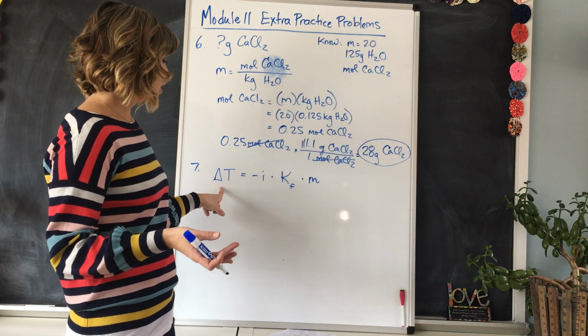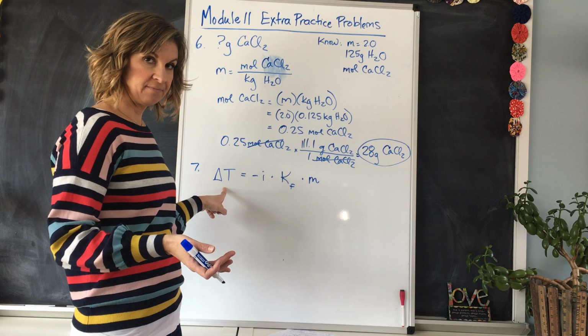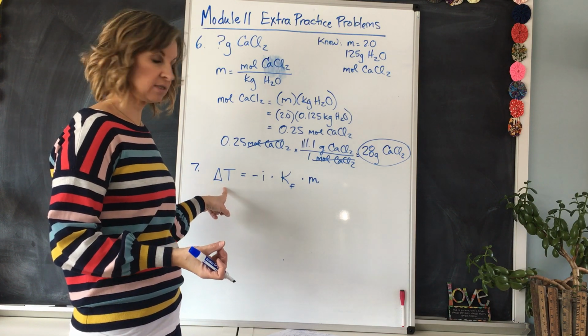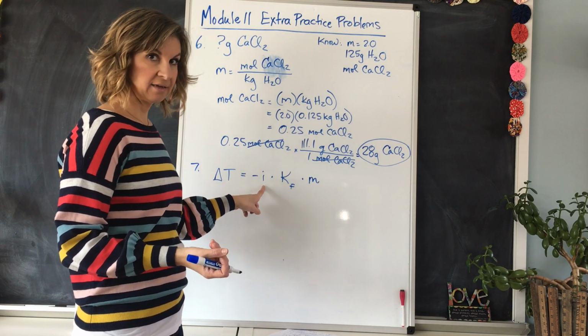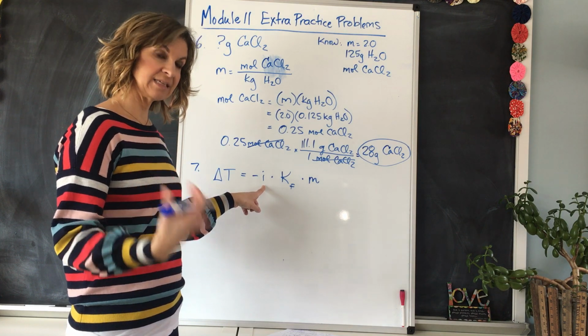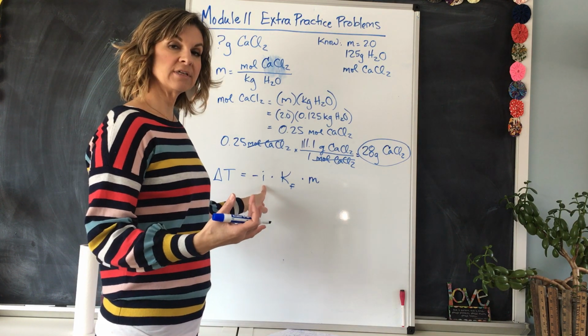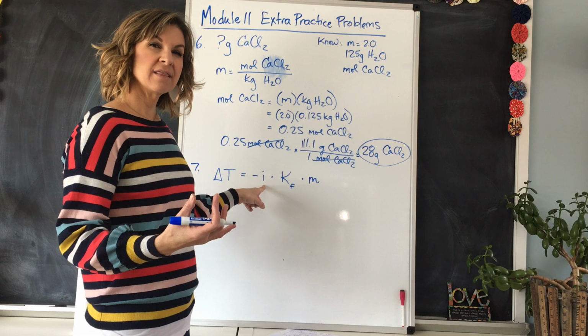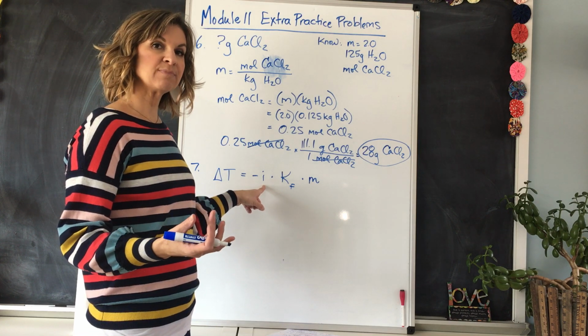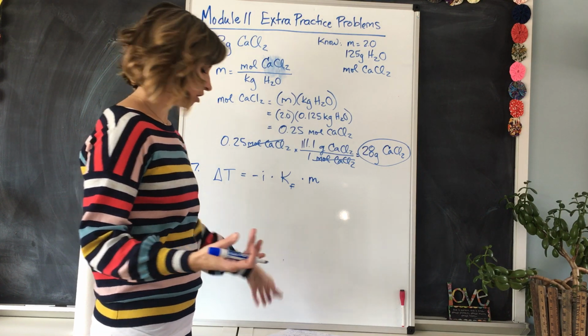So in order to change the temperature the most, to lower the temperature the most, we want I to be as big as possible. I, remember, stands for how many ions the compound will split into when it is dissolved in water.